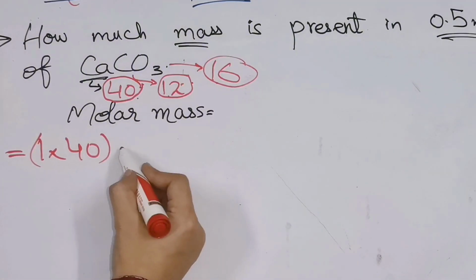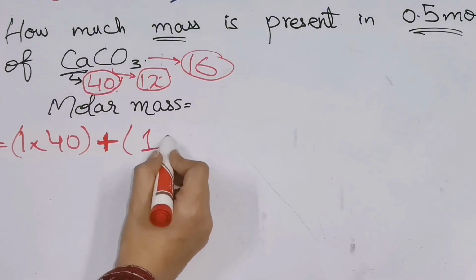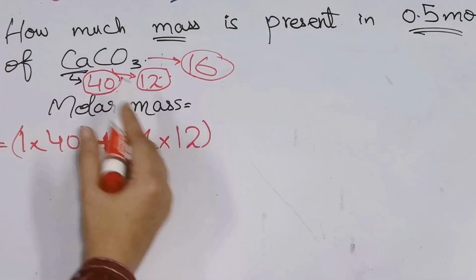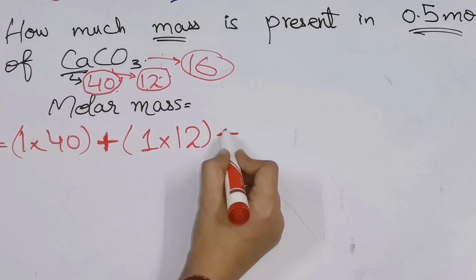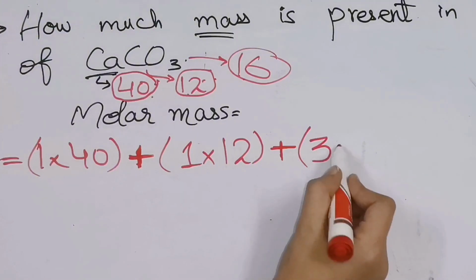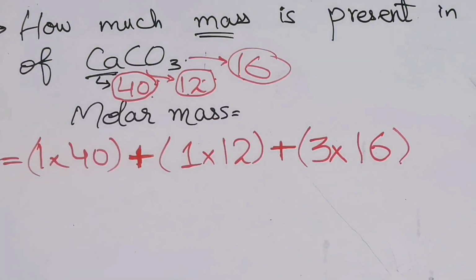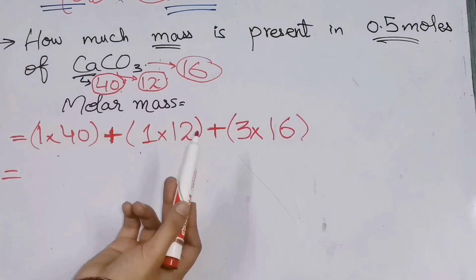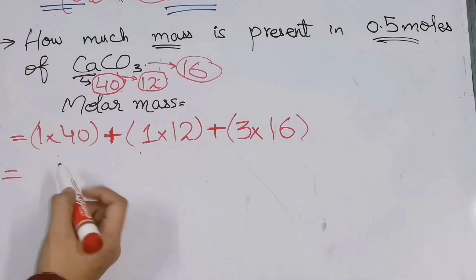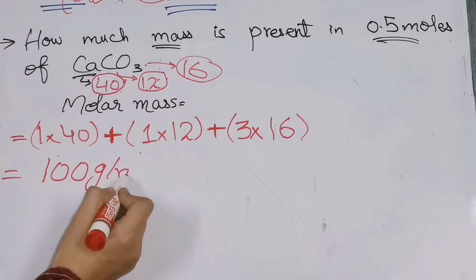How many carbon is present? 1. We will put the plus sign over here and 1 multiplied by 12. Then how many oxygens are present? We will put the plus sign and then we will write 3 oxygens, which will multiply with the atomic mass, that is 16. When we multiply and add all these, we will get an answer 100 gram per mole.